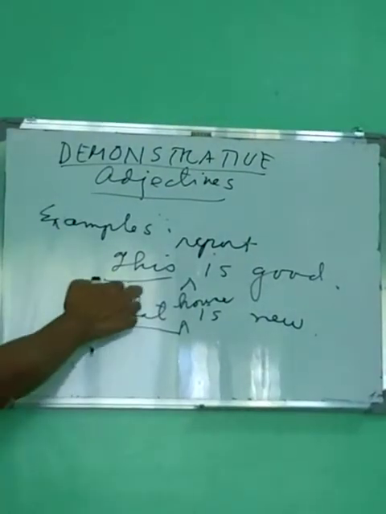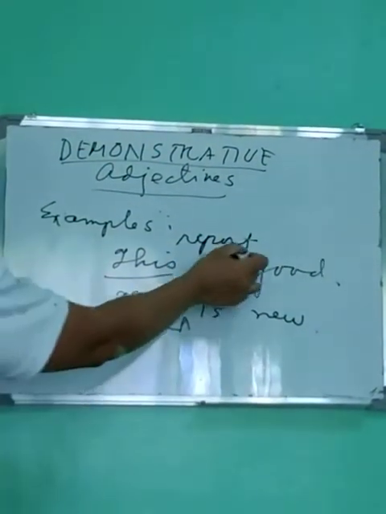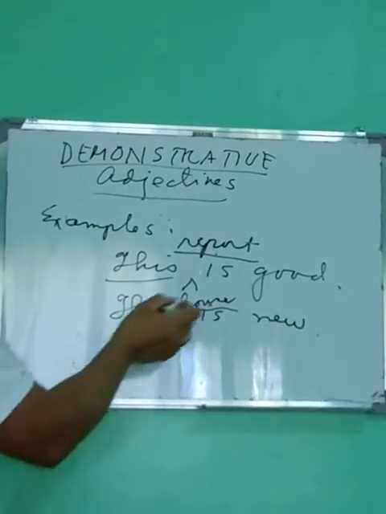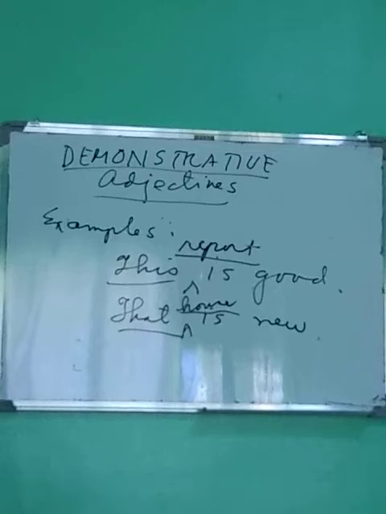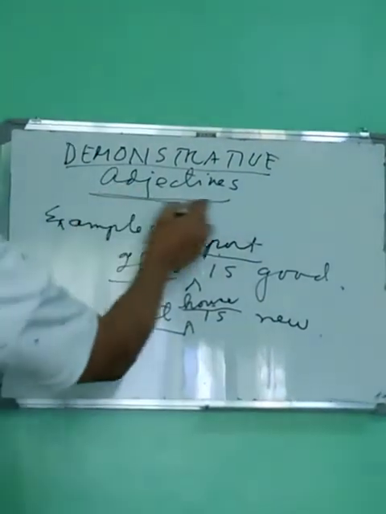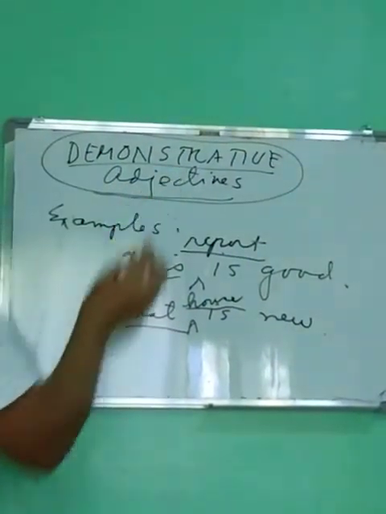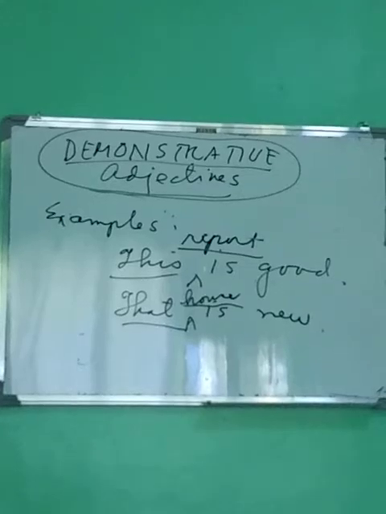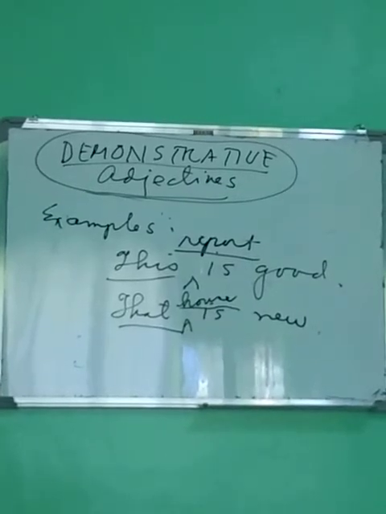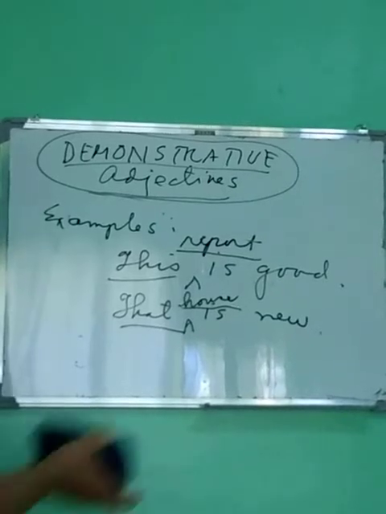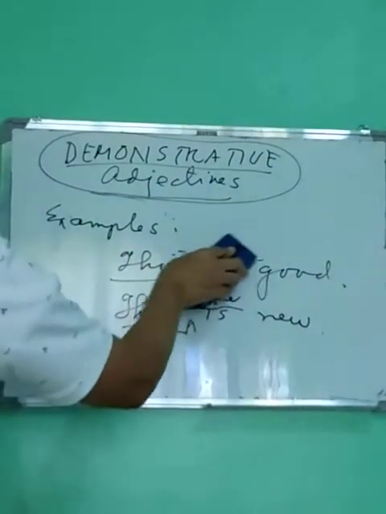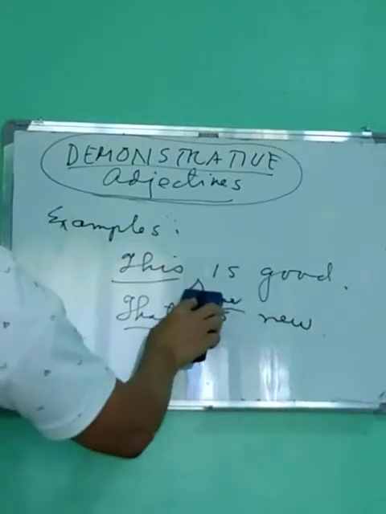So what follows this and that will be a noun. But in this case, if this and that are followed by certain nouns, they are now used as demonstrative adjectives.